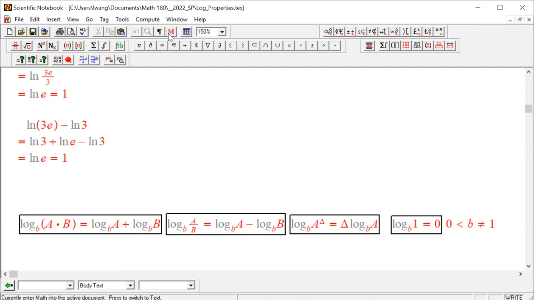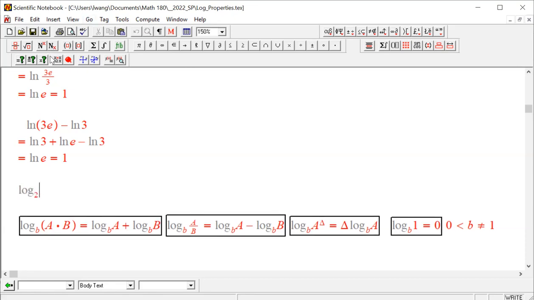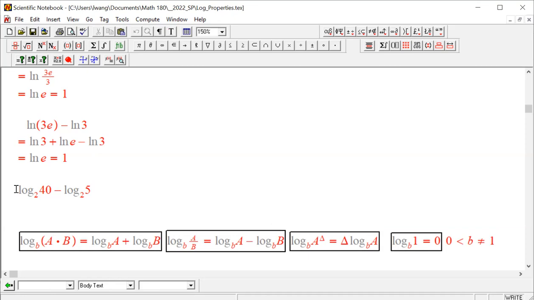Okay. So in this example, we have log base 2 of 40 minus log base 2 of 5. I could use the product rule if I want, right?